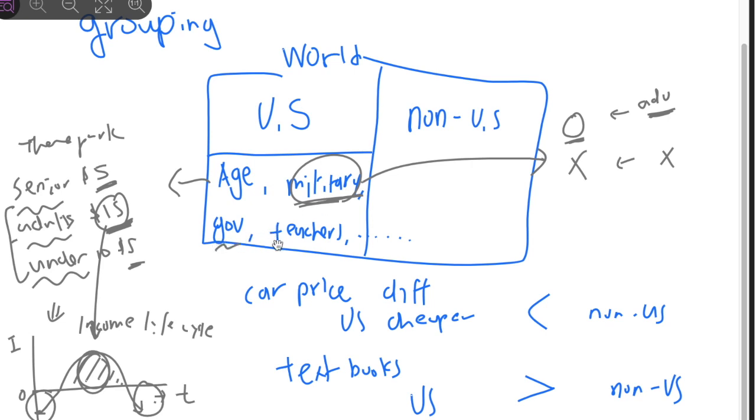And government workers, teachers, all of these essential workers get a pension after they retire, right? So we're giving them a little bit of benefit because they are the personnel, the people we need in society. So that's about the segmentation.